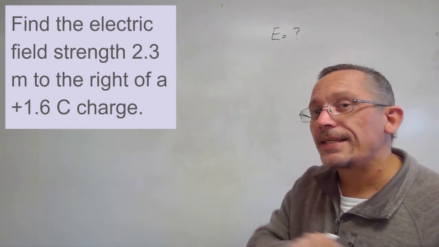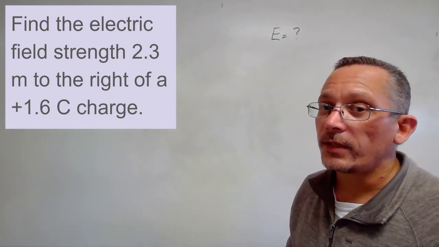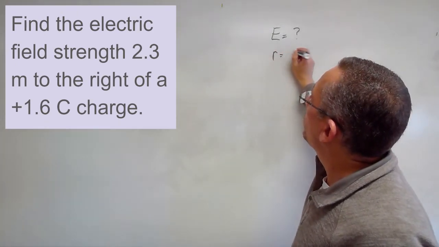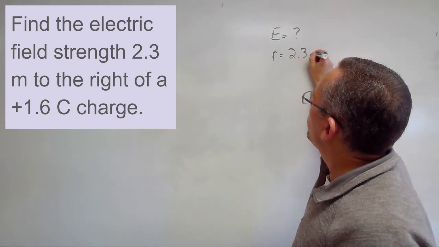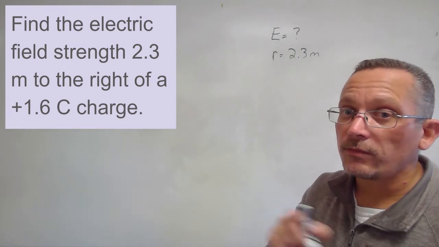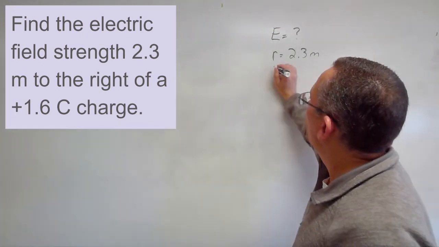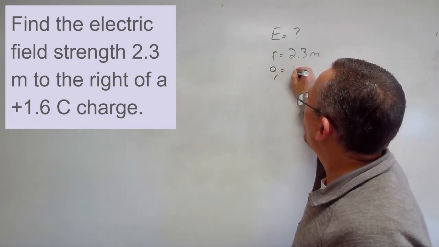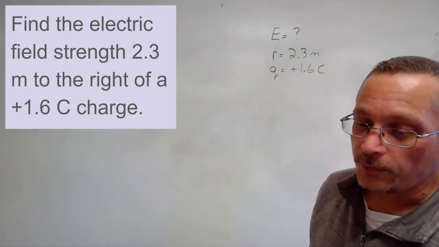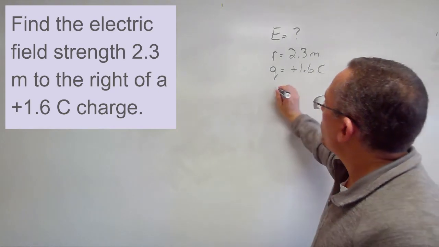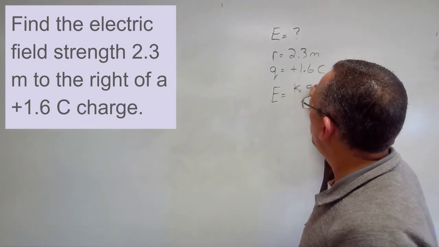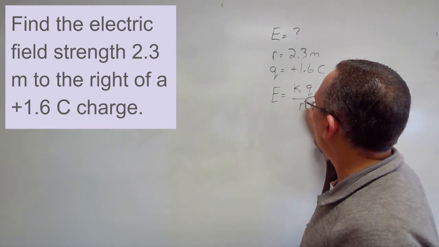The distance we're looking away from that charge is 2.3 meters, so r is 2.3 meters. And the strength of the charge is positive 1.6 coulombs, so Q is positive 1.6 coulombs.